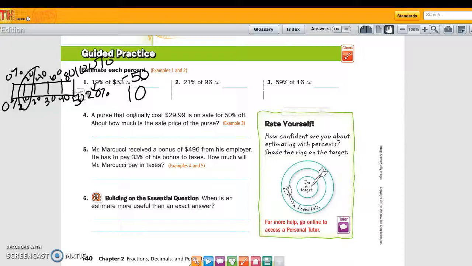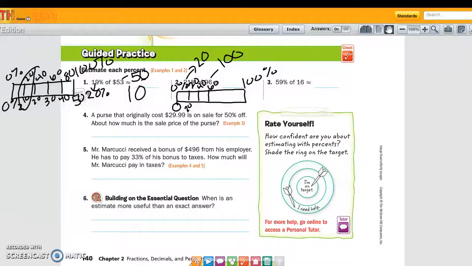Number 2, 21% is closest to 20. 96 is closest to 100. Now let's draw our bar. On top, we have our percent, so 0 to 100. On the bottom, we're going to have a 0. And we're going to count by 20s to get to 100. So 20, 40, 60, 80, 100.